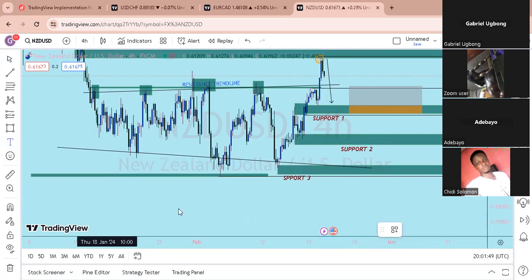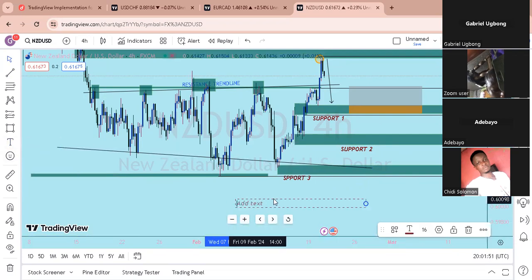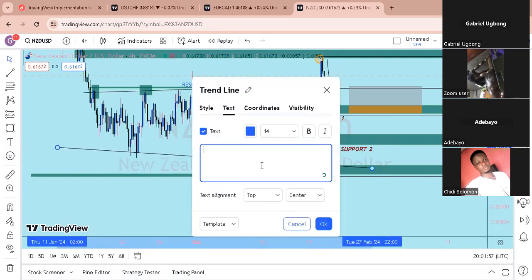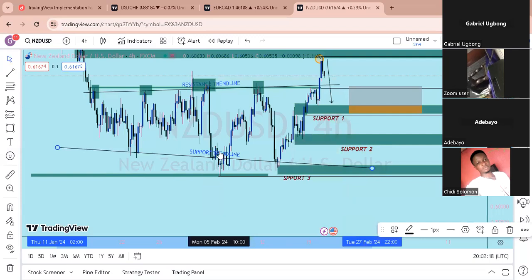We'll call that the support trend line. I can type on the trend line, so I will just click on it and type the support trend line. Okay, so that's my support trend line.